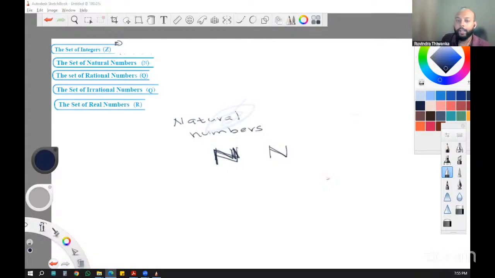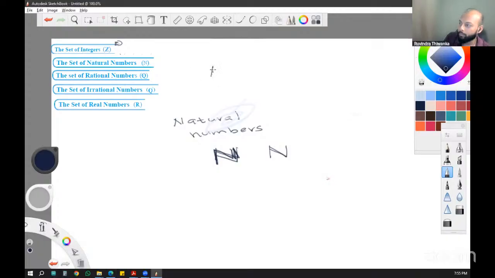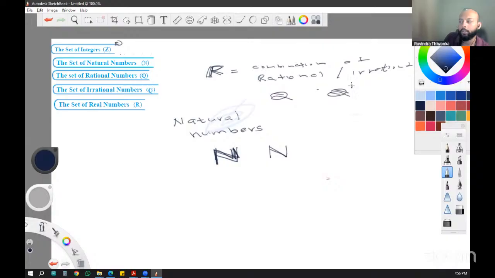The set of real numbers is a collection of all rational and irrational numbers. It's denoted like R with a line. Those are a combination of rational and irrational numbers. Basically, Q and Q complement, that is what we are talking about, right?